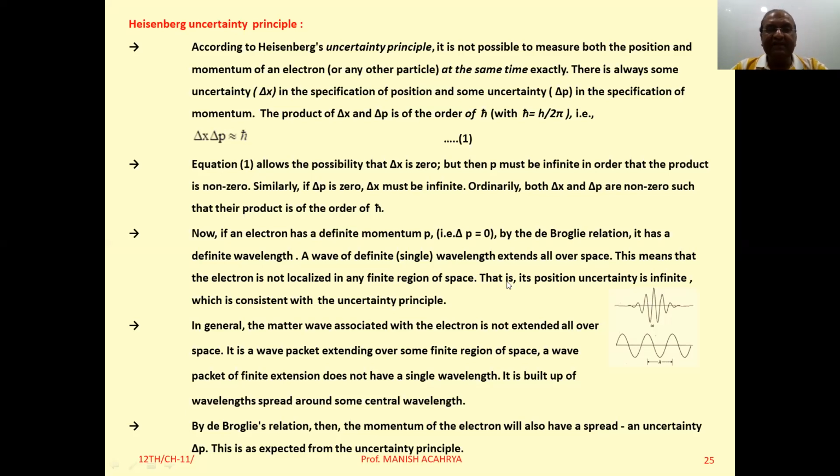So this is Heisenberg's uncertainty principle. The position and the momentum of the particle cannot be measured simultaneously. If any one of them is finite and fixed, then the other will be uncertain. Clear to all of you?